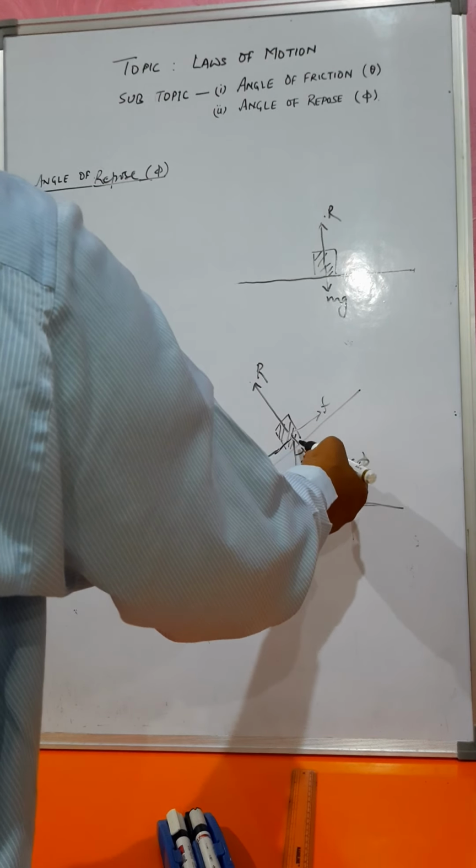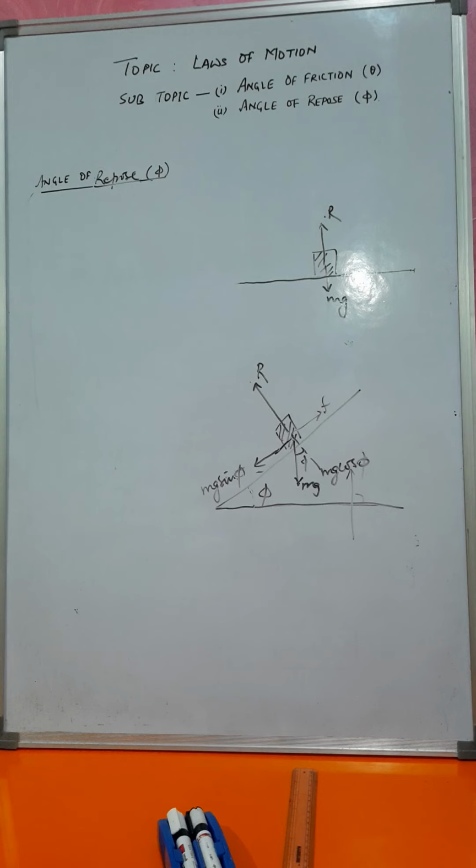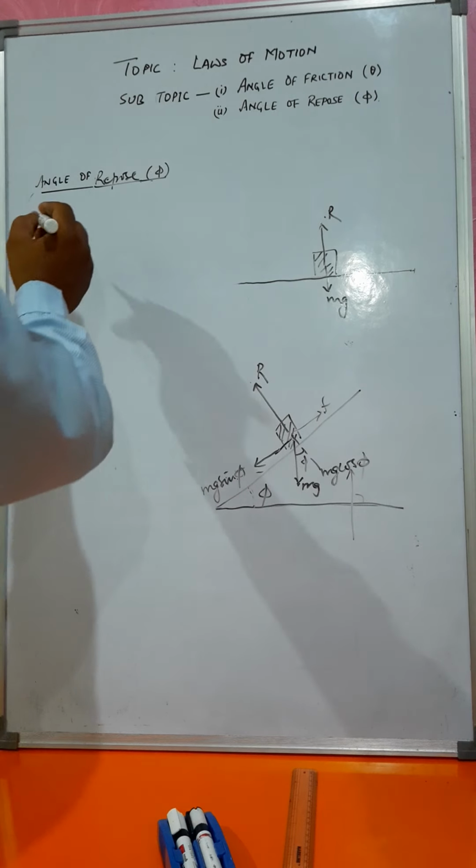So that angle is called the angle of repose. We can define the angle of repose as the angle of the inclined plane at which a body placed on it just begins to slide.